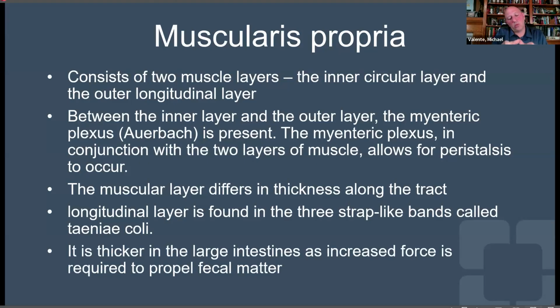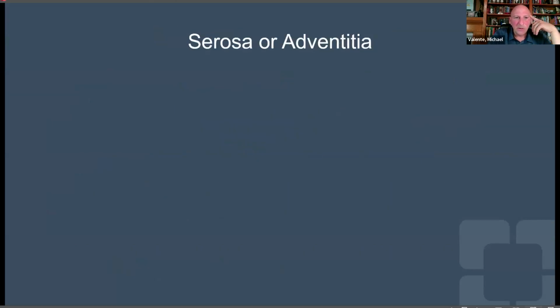And as we know, when we get to the rectum, as we're talking about today, that's where the taeniae coalesce together to make a broad, generalized thickness instead of having three distinct bands. That usually occurs around the area of the sacral promontory, just as an intraoperative landmark.